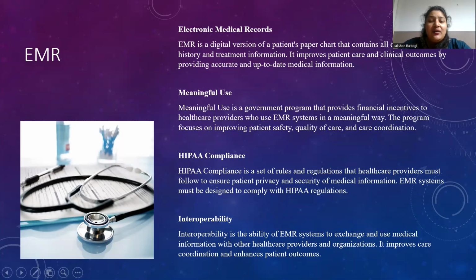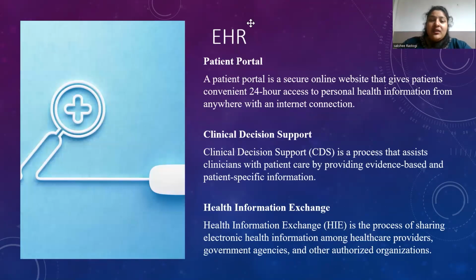What is EHR? EHR is the electronic health record. In technical jargon, HL7 is used for EHR, and HL7 means Health Level 7, which is a standard for exchanging EHR data between systems. FHIR means Fast Healthcare Interoperability Resources, which is an API-based standard for sharing EHR data.